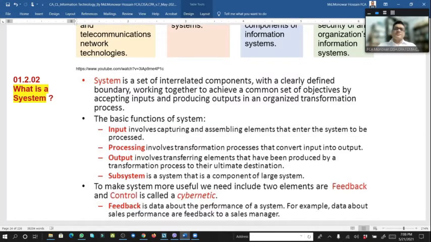So there are a lot of things: a set of interrelated components, a clearly defined boundary, working together to achieve common objectives by accepting input and producing output within the transformation process. So everything is here within this definition.